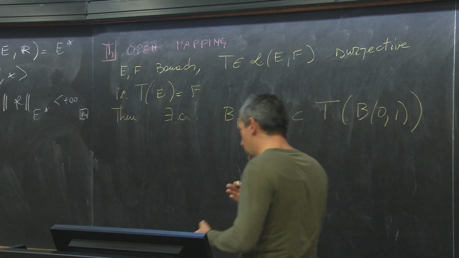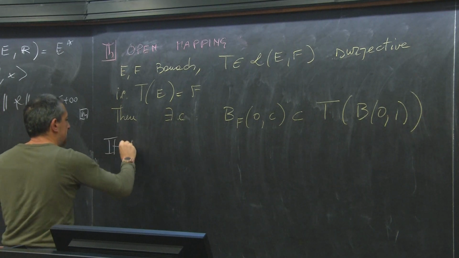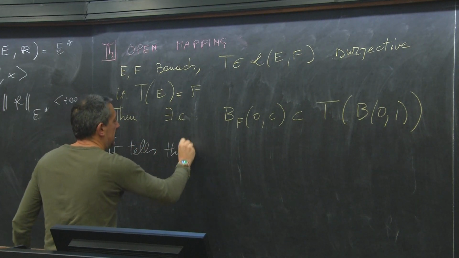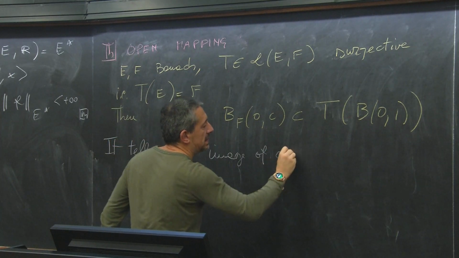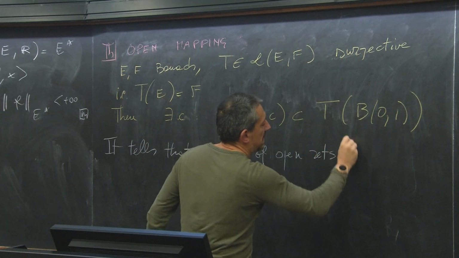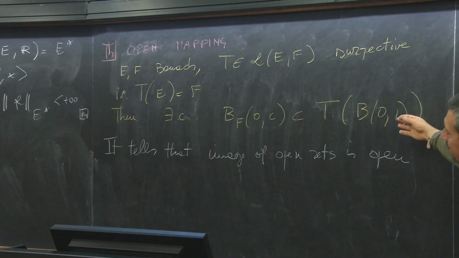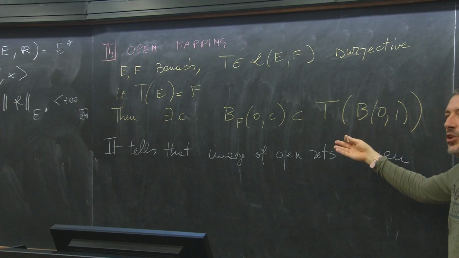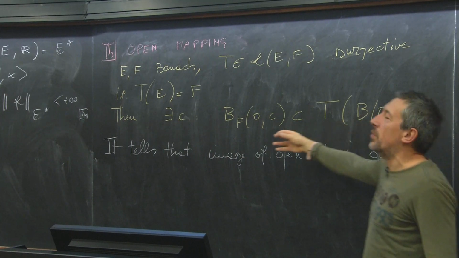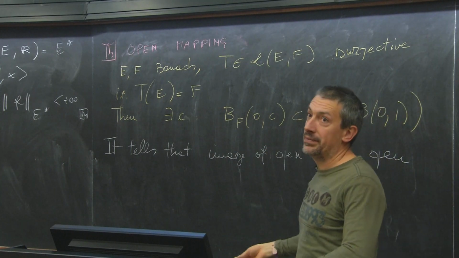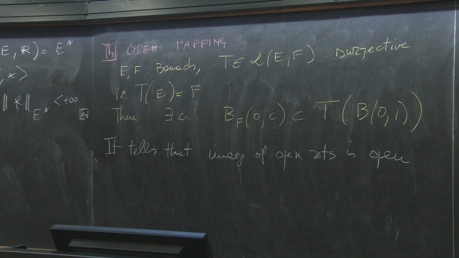So this tells you that the image of open sets is open. By translation, it being a linear operator, the image of any ball contains a smaller ball, so it is an open set.